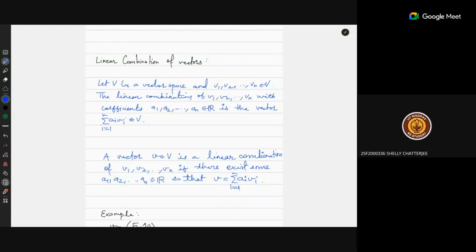Activity question 3.1, question number 4. Which week? 3.1, that's week 3. Okay. First activity question set, fourth question.